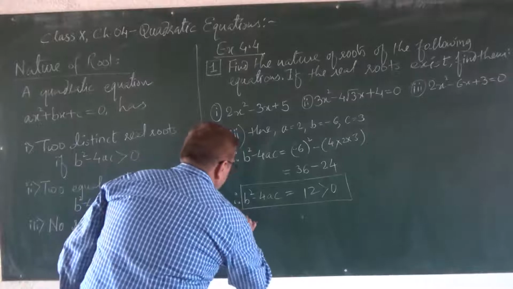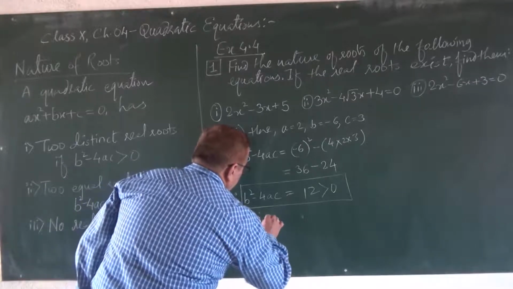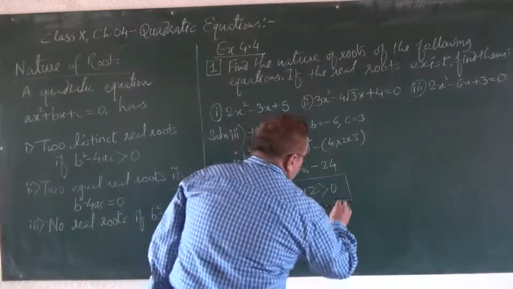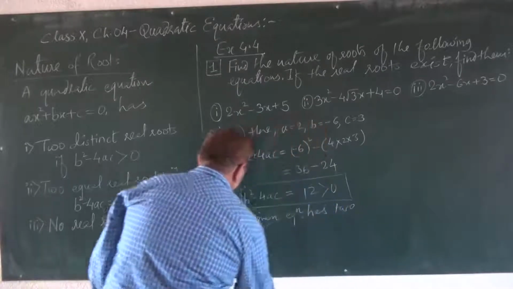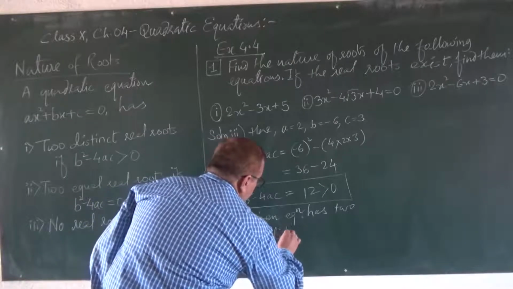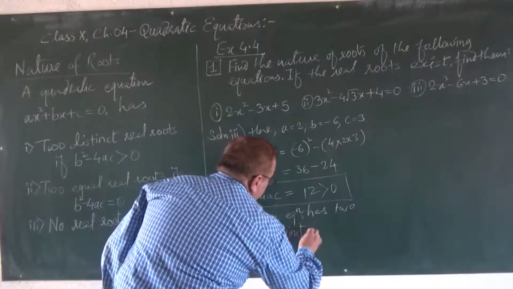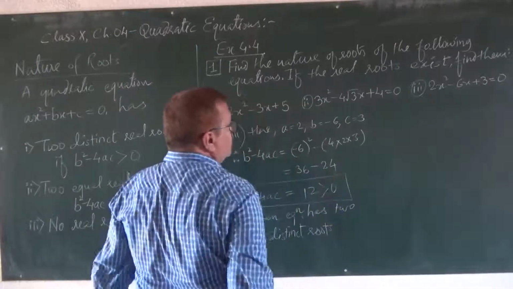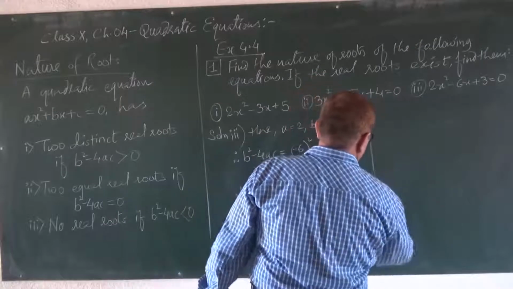So the given equation has two real and distinct roots. Okay, distinct roots. Now let us see how to calculate, again using the quadratic formula only.